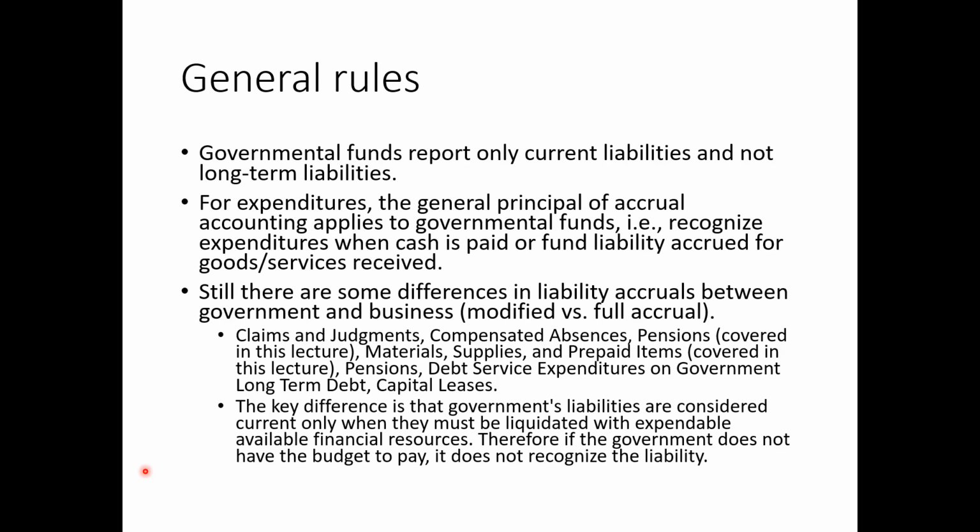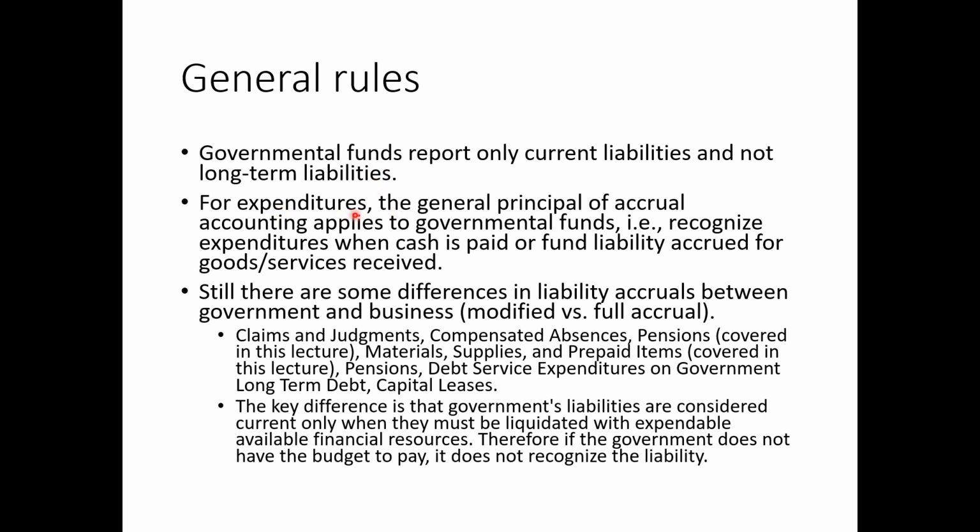So the general rule to record expenditures, that's for the governmental fund, is to report only current liabilities and not long-term liabilities. Just like the revenue part, governmental funds only report current assets, not long-term assets.